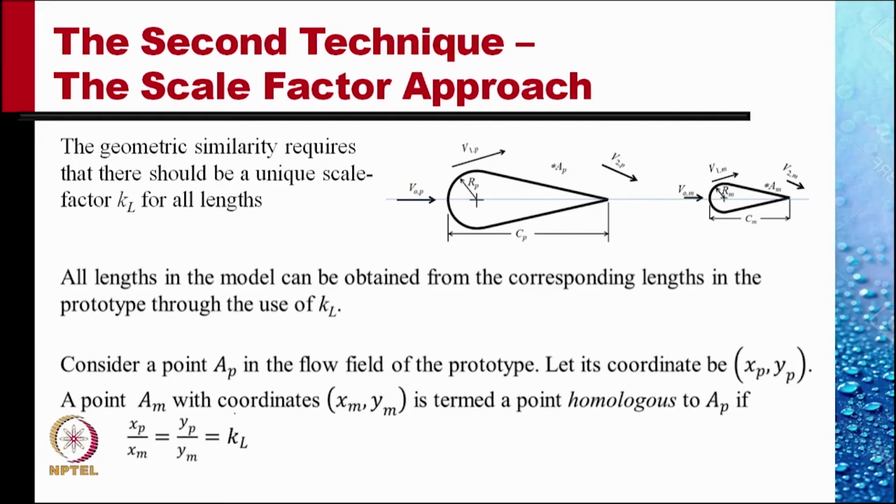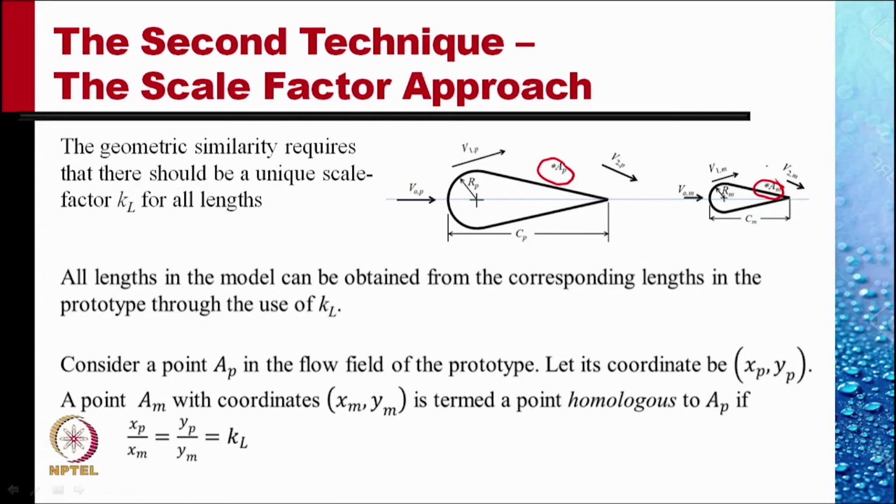Consider a point AP in the prototype, a point AM in the model is termed as a homologous point if the ratio of the x coordinate and the y coordinates of these 2 points are exactly equal to KL. XP by XM is equal to YP by YM is equal to KL.